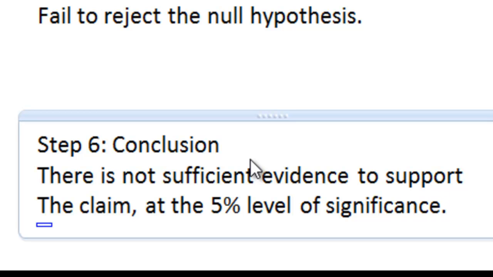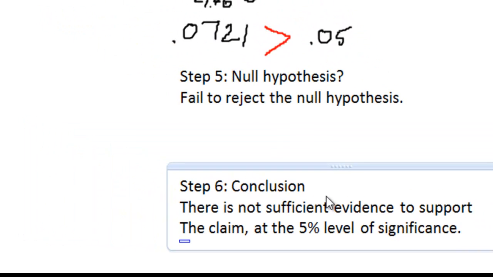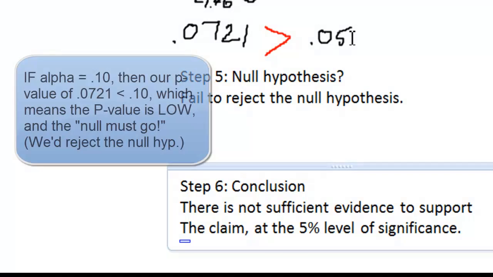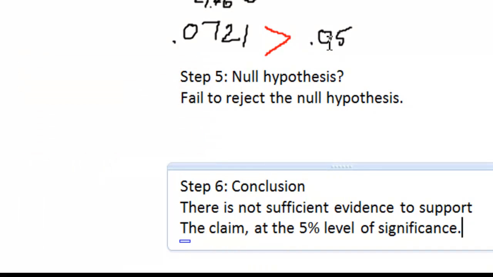That's important because what if the level of significance wasn't 5%? What if it was 10%? What if this number right up here wasn't 5%, but 10% level of significance? You would see that our p-value of 0.0721 is actually smaller than 10%, and in that case we would reject the null hypothesis. So watch out for that. That's really important. We have to make sure that our p-value is compared to the proper level of significance, our alpha.